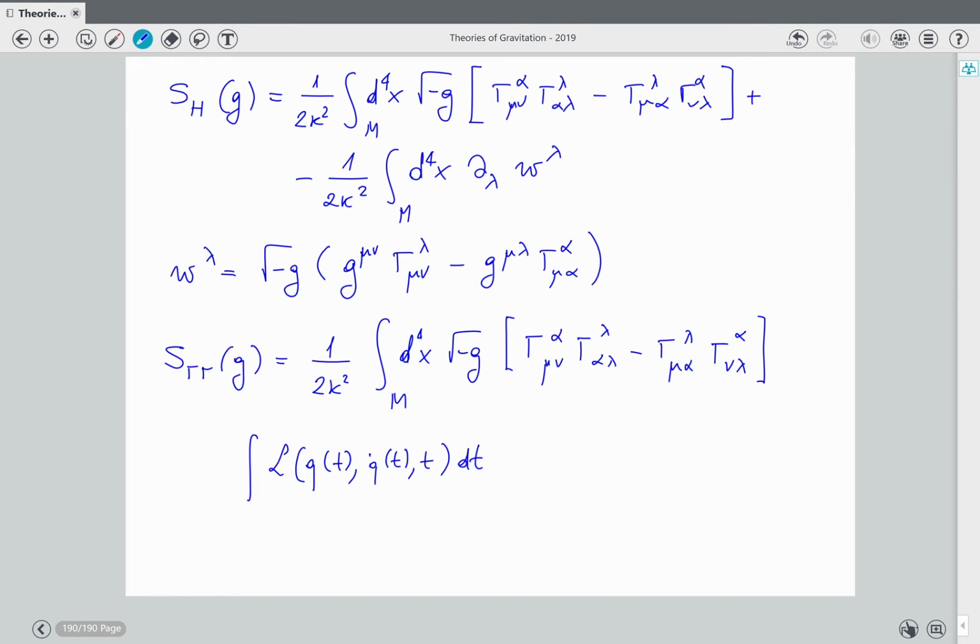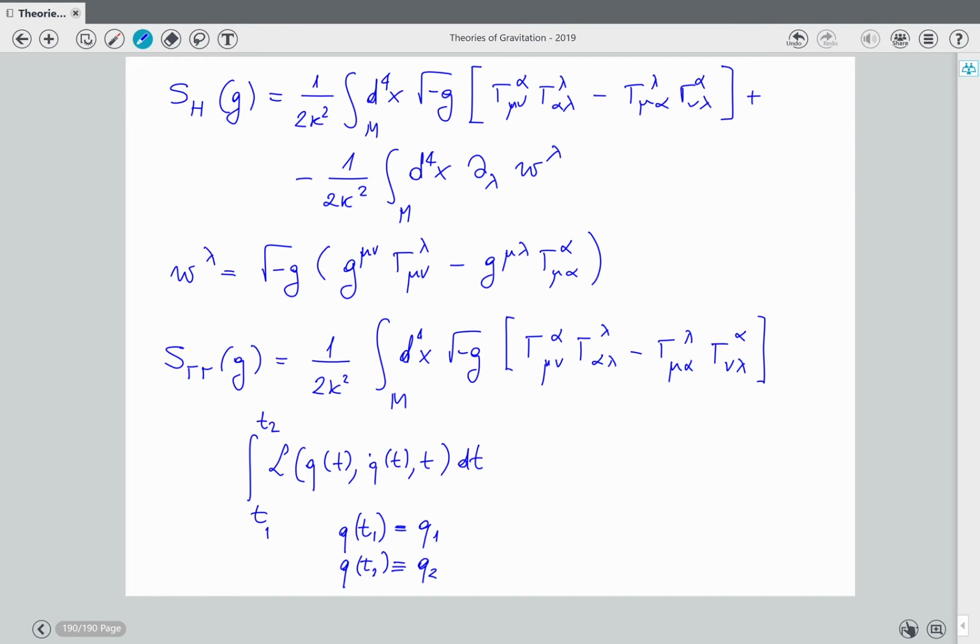which allows you to do what? For example, you can define your variation by keeping the values of the function fixed at the extrema. But you cannot keep the values of the function and the velocity fixed, both. So if this action goes, let's say, from t1 to t2, then you can say that q of t1 is fixed and q of t2 is fixed, some values.